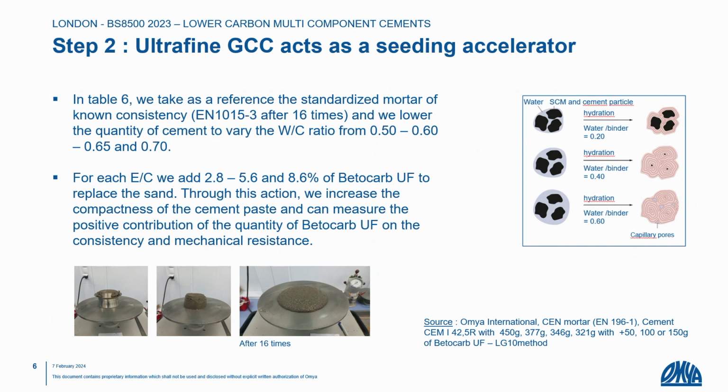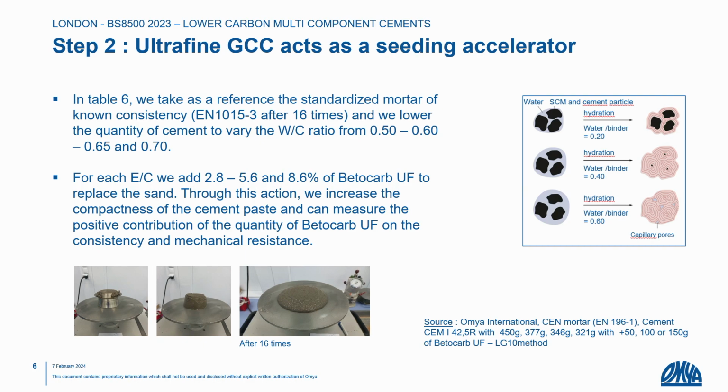The second model formulation is, again, a Pascal consistency, and here the strategy is to evaluate the contribution and the performance of an ultra-fine ground calcium carbonate of high purity. We start with a CEN mortar, water to cement ratio at 0.5, and we reduce the cement concentration, keeping water constant, to vary the water to cement ratio.